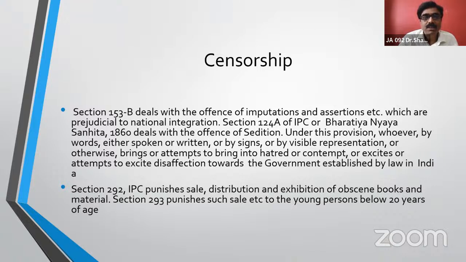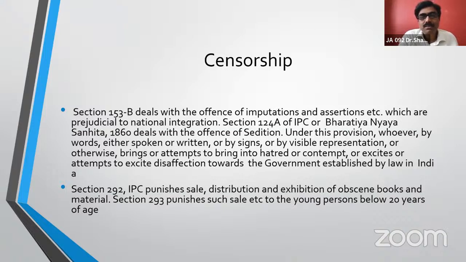Next, Section 124A of the IPC, the Bharatiya Nyaya Sanhita 1860, deals with the offense of sedition. 124A is more often used. Actually, Section 124A was brought by the British government. The main intention was to act against those involved in activities against the British government.